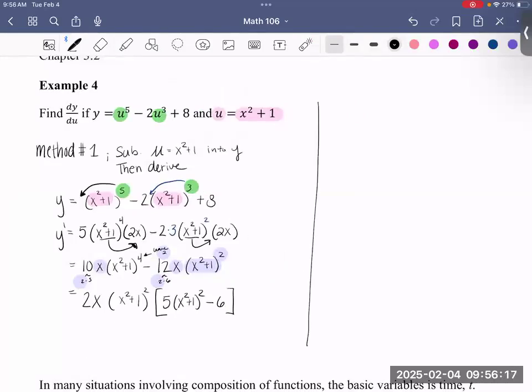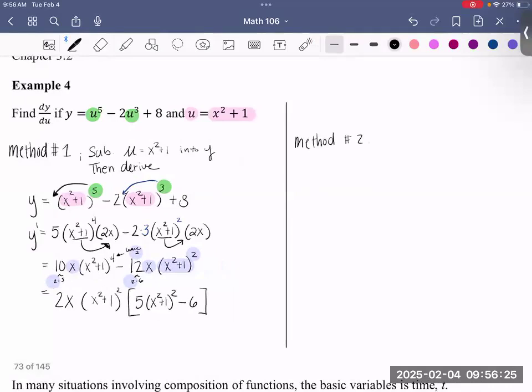The alternative method is to derive separately and then multiply the derivatives and substitute.